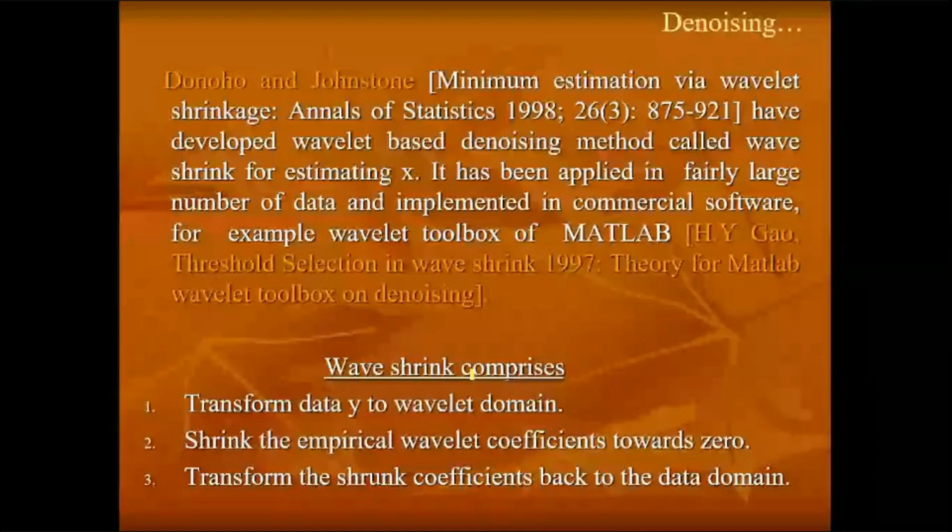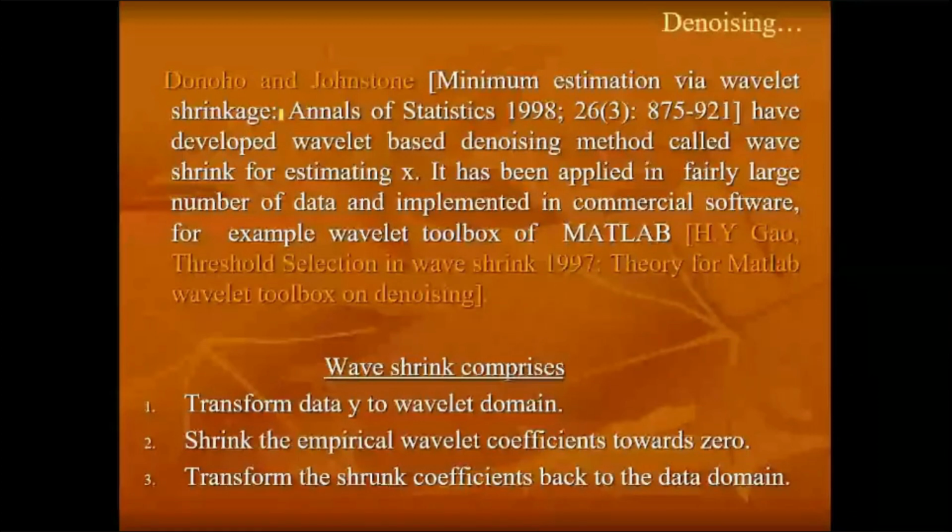There is very interesting work done by Donoho and Johnstone. Here I am quoting the reference, minimax estimation via wavelet shrinkage. In the next slide, I will explain the shrinking of the wavelets. This part is very important for denoising.